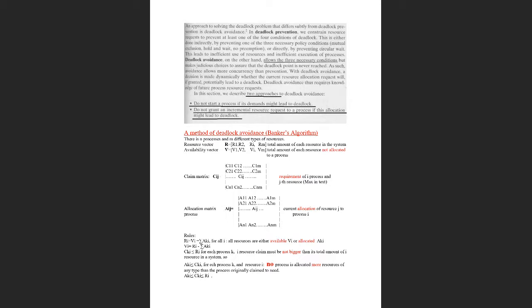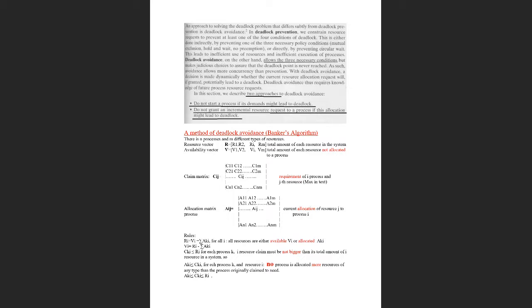After the processes have claimed, obviously they've been allocated. Again, every process has a certain number of M resources which are already allocated. There are certain rules, relations between those elements of those vectors. The total number of resources is whatever is available plus what is allocated to certain process i.